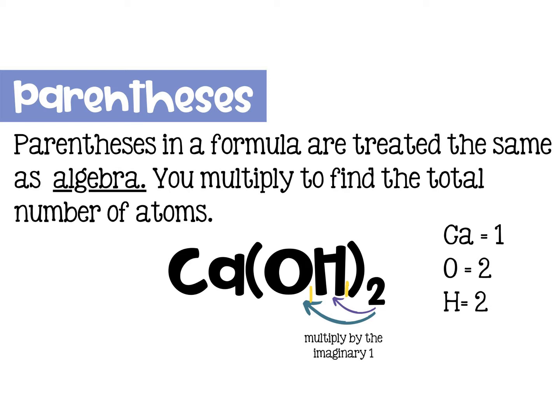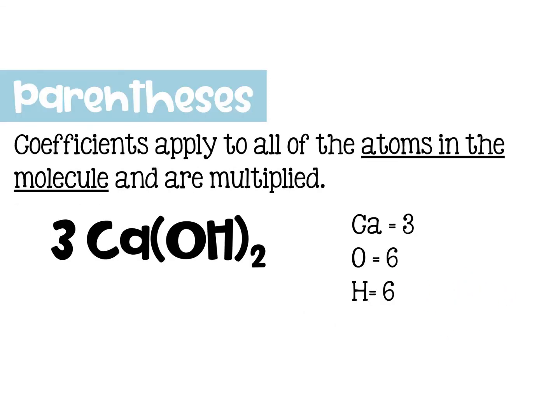We're going to do the same for hydrogen and multiply the 2 outside of parentheses by the imaginary 1 inside. And once again, we're going to have 2 for the number of hydrogens. When we have a coefficient, it is applied to all of the atoms in the molecule. And we always multiply by the coefficient.